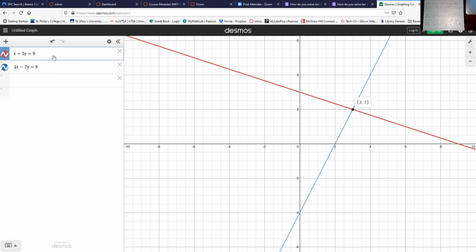So the solution to this system is (3, 2), because it satisfies both equations at the same time. If I plug in 3, 2 for x and y, you will get equality. If you plug in 3, 2 here, you will get equality again. That shows you that yes, it is a solution to the system. And that's what they meant by ordered pair, x and y, two values, the point.